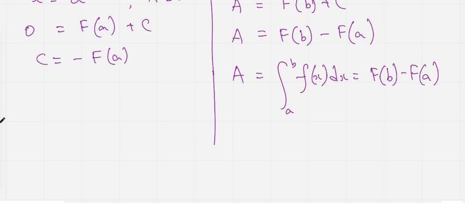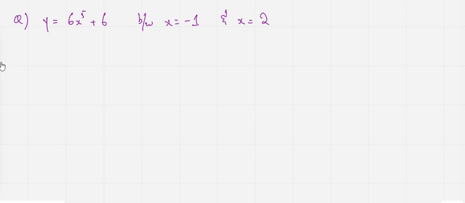I hope it's clear. So we are now going to use this formula in order to find the area under the curve, and we pick up 2 examples here. So here you go, this is the very first example. We need to find the area bounded by this function and the lines x equals minus 1 and x equals 2, and the x-axis, of course.